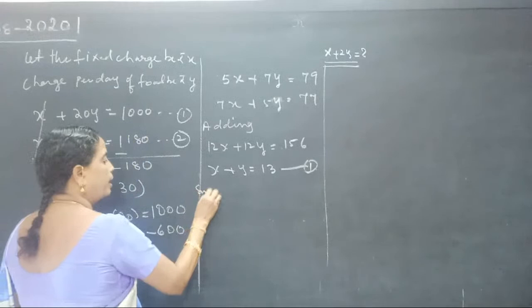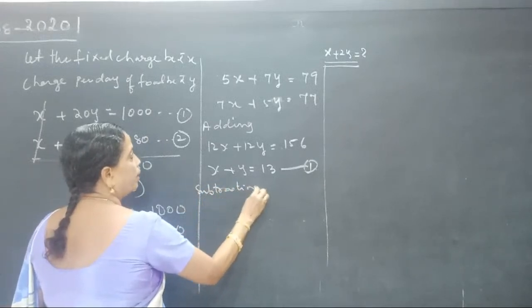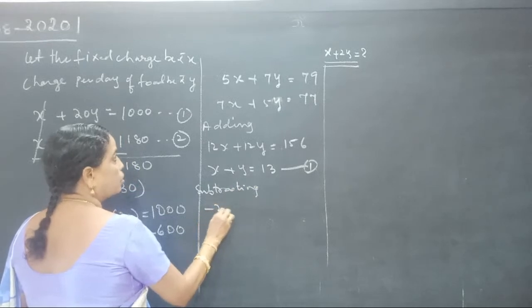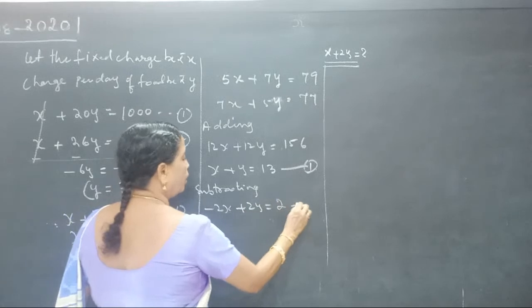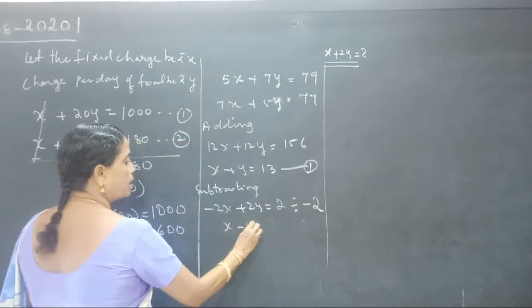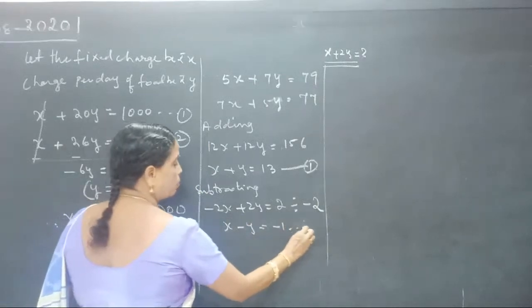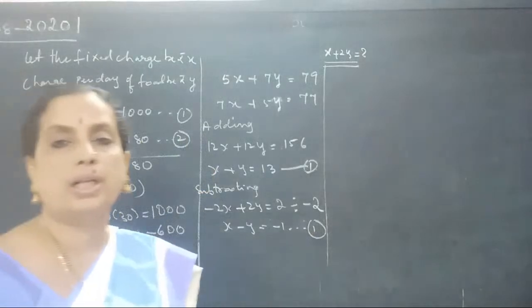On subtracting the equations, minus 2x plus 2y equals 2. Dividing it by minus 2, x minus y equals minus 1. See the simplest version of the calculation.